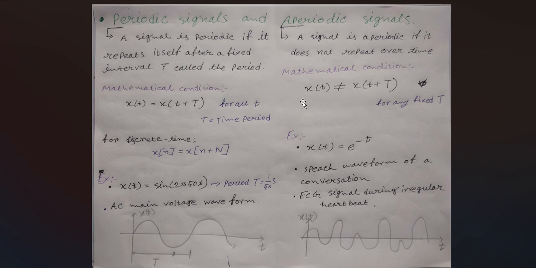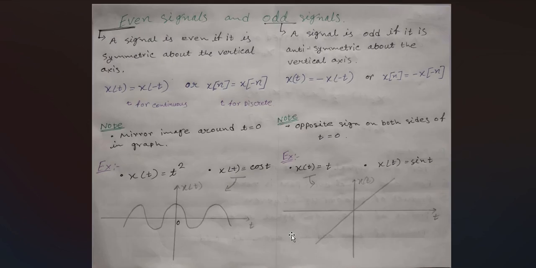Mathematical condition: x(t) is not equal to x(t + T). Examples: exponential e^(-t), speech waveform of a conversation. You can see the graph doesn't repeat itself, and in periodic signals, after T, the graph repeats itself.